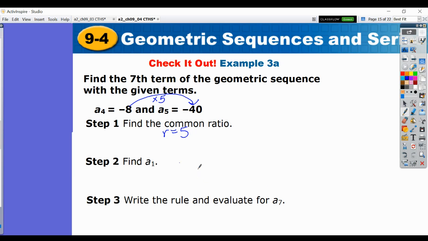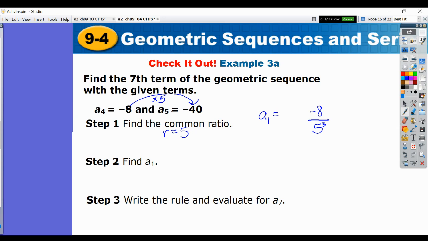The 7th term, well, we've got to find the 1st term. This is the 4th. The 1st term would be negative 8 divided by 5 to the 3rd power, right? Because I'm going to divide by 5, 5, and 5 to get there.